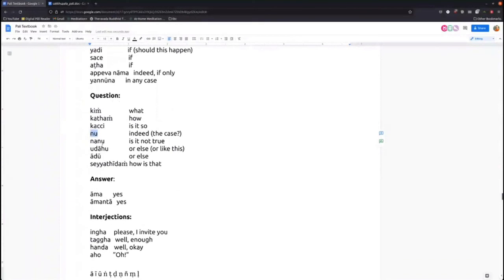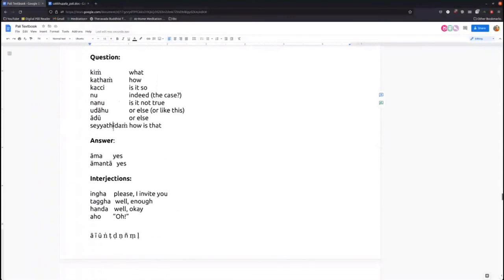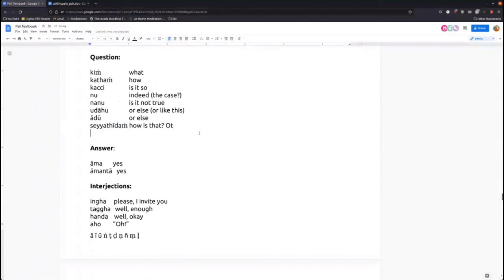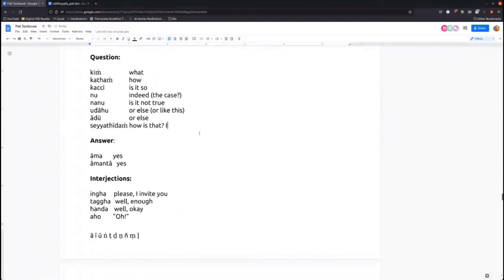Nanu, not so common. Udāhu, not so common. Seyyathīdaṃ is interesting. Seyyathīdaṃ is used like this. You would say, how is that?